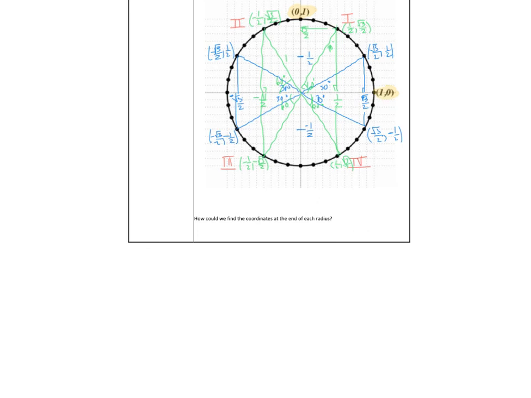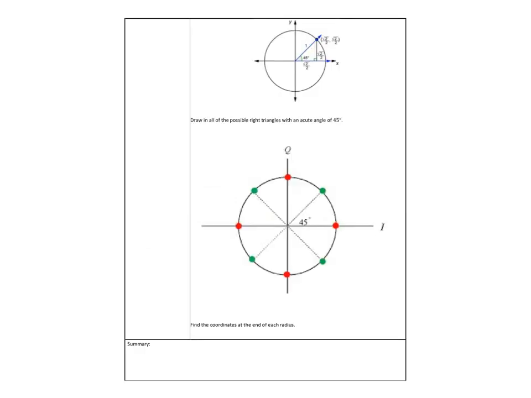Okay, I'm going to move on to looking at the same stuff but with 45, 45, 90 triangles. So mine is on the next page. So here we go. We have our 45, 45, 90 triangles.